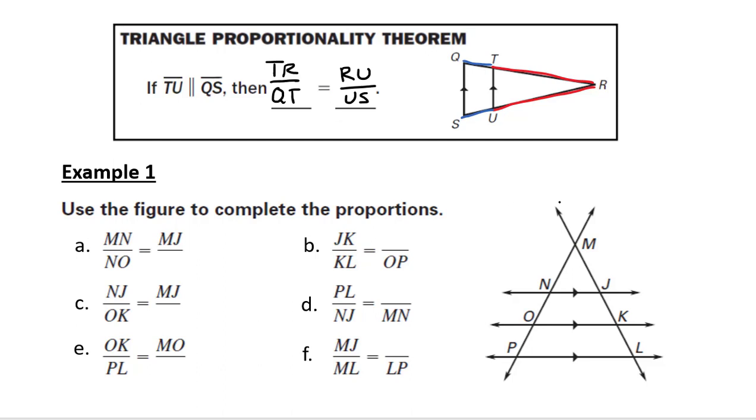So, example 1, looking at this diagram. MN is to NO as MJ is to JK.